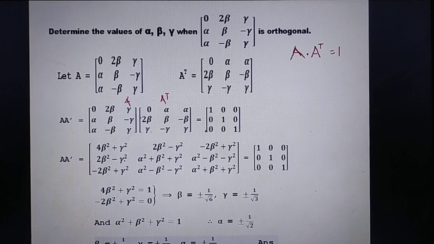Then equate it to 1. And we have here the value of the first element, 4 multiplied by beta square plus delta square. This should be the first element here, and this should be equal to the 1 there.